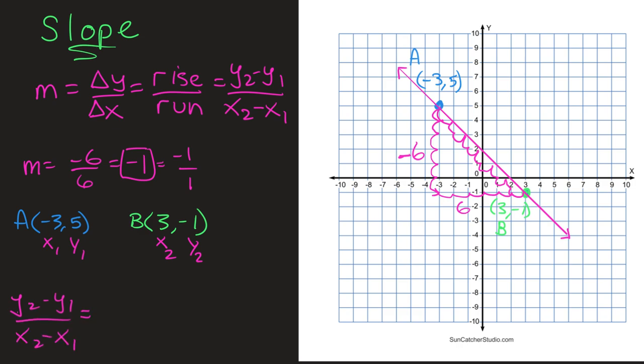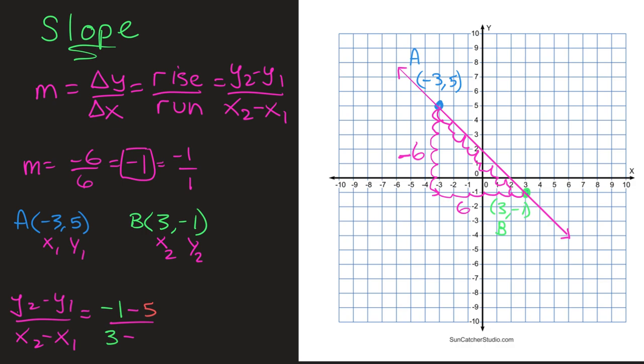And so that would mean I would start off with negative 1 minus 5. And then that's over 3, right? Because if I take the x values, 3 minus negative 3.